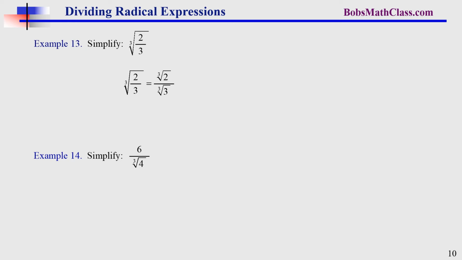We need to make a perfect cube root in the denominator. A perfect cube root is a number like 8, or 27, or 64, 125. So let's think about the cube root of 8. We can't make 3 into an 8, right? How about a 27? Yeah, we could do that.